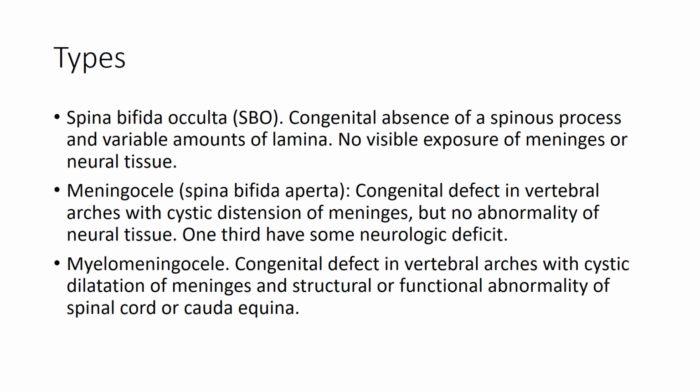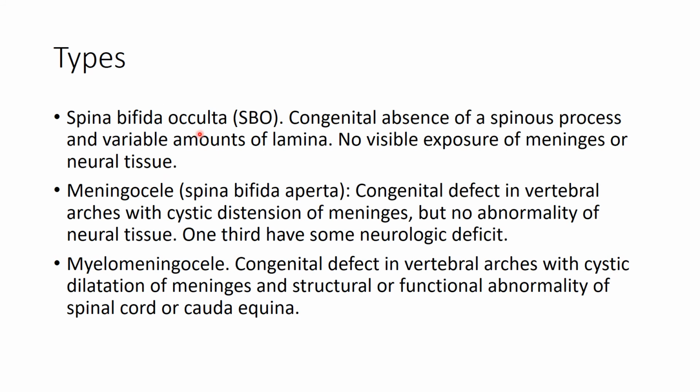Okay, now going to two small topics, which are spina bifida, myelomeningocele and meningocele. So the types of spina bifida or spinal dysraphism that we want you to know. These are two common examples: spina bifida occulta, meningocele, and myelomeningocele.